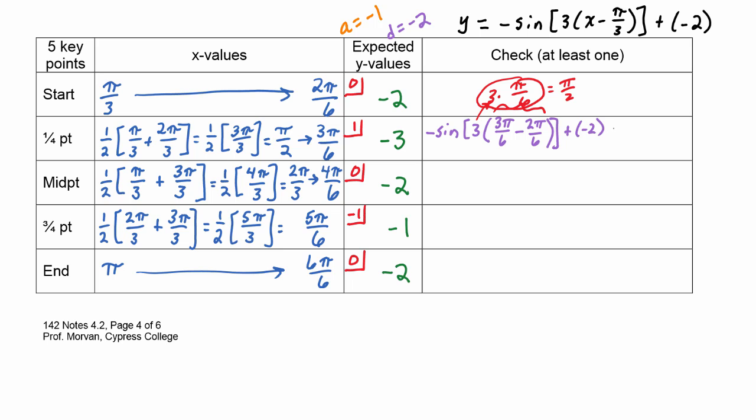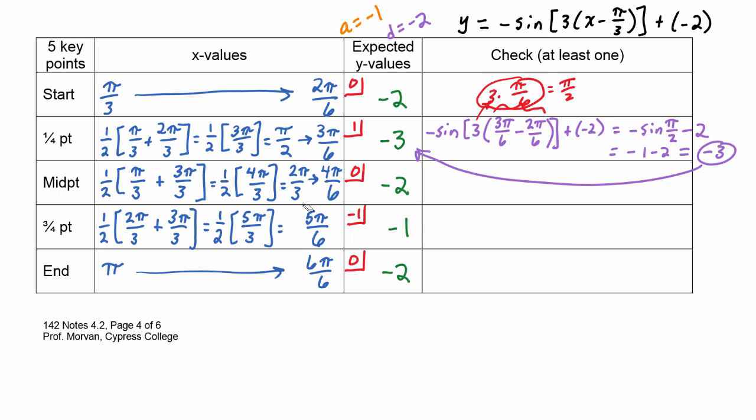So this becomes negative sine of pi over 2 minus 2. We know that the sine of pi over 2 is 1. So this becomes negative 1 minus 2, which is equal to negative 3. And that checks out with what we expected.